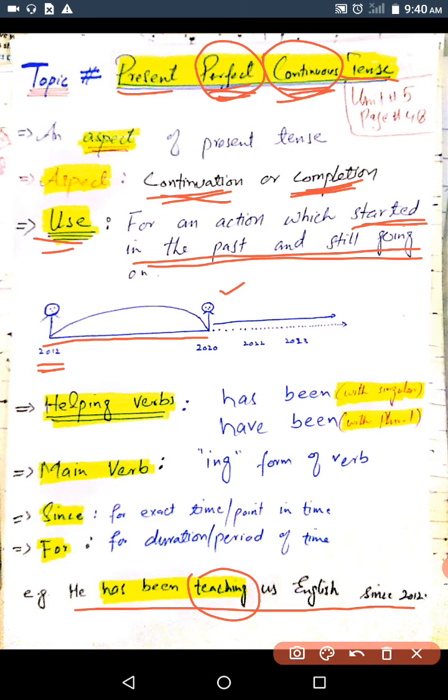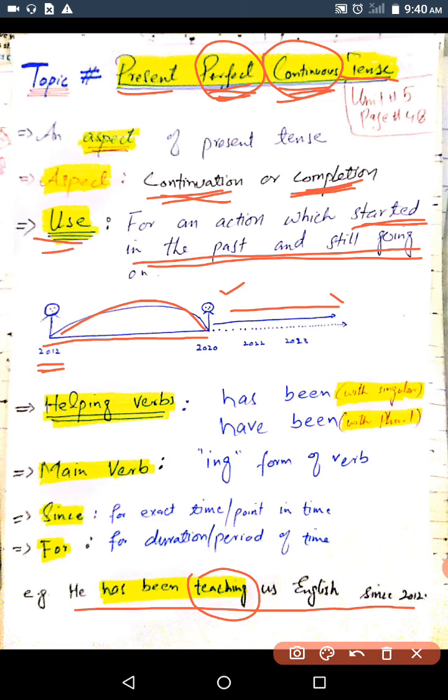The dots show that the action will be in progress in the future as well, but this time has not yet occurred. That is why it has been shown in dots. So this action started in 2012, came to the present, and will still continue. For such an action you use present perfect continuous tense.